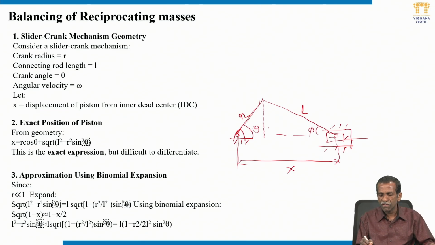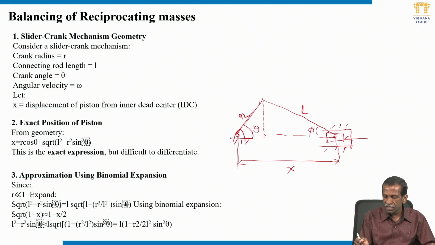So the position of the piston at this inclination of the crank is x equal to r cos theta plus the square root of L square minus r square sin square theta.